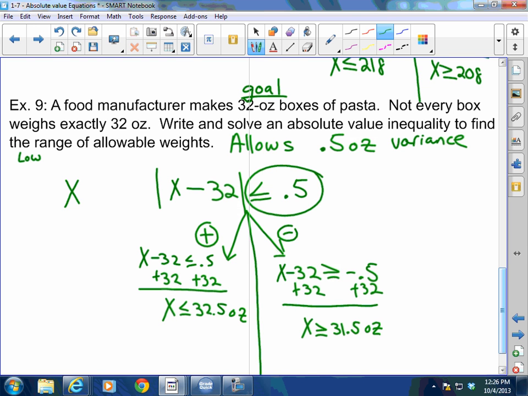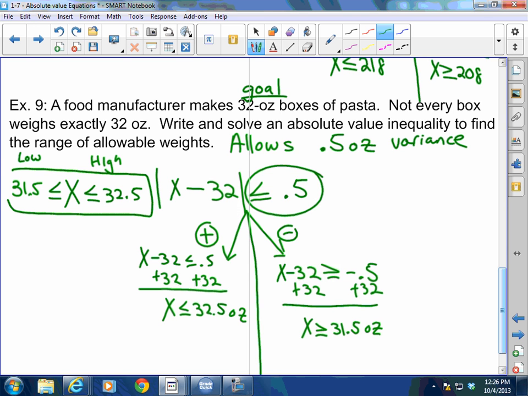So go lower value and then higher value. So x is greater than 31.5. Sorry. That's my lower value. And then it's less than or equal to my higher value of 32.5.